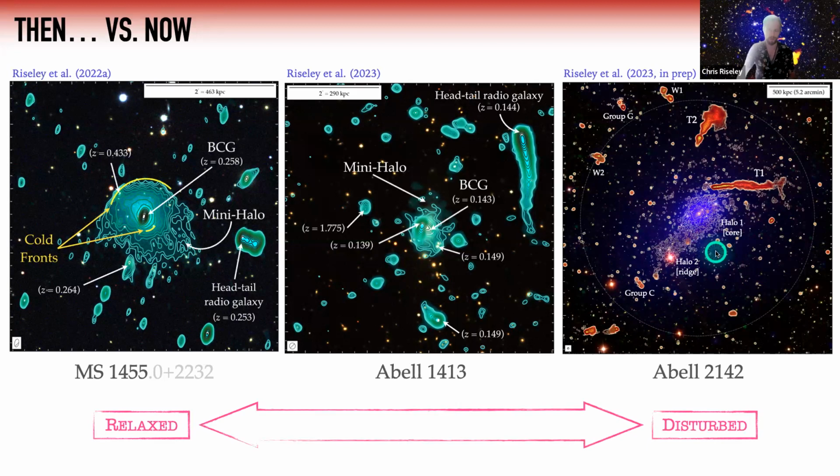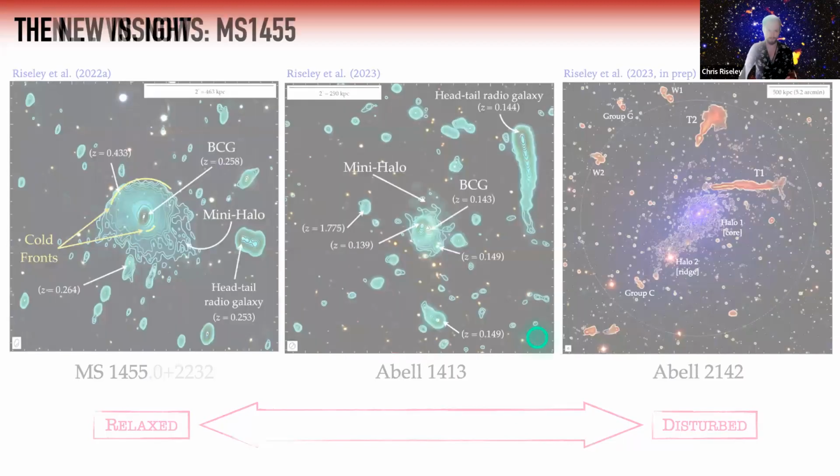So it's potentially a remnant cool core scenario that's been disrupted but not completely disrupted by a merger event. And Abell 1413 is somewhere in between. It straddles the line between relaxed and disturbed in various ways.